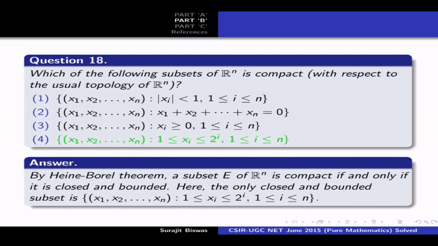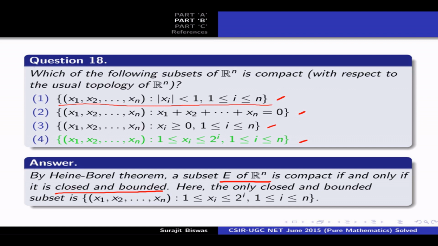Next problem, which of the following subsets of Rn is compact? We have four options here. Here we apply the Heine-Borel theorem, which says that a subset E of Rn is compact if and only if it is closed and bounded. As you can see, this is not closed.